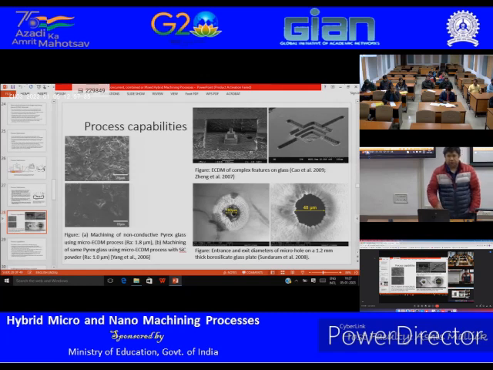What it creates is an electrochemical reaction to create a film, and then discharge machining to break the film, and then proceed. So when you break the film, definitely the surface finish is not very good. In most cases ECDM doesn't provide very good surface finish. So you can use the powder mixed ECDM process to improve this further.